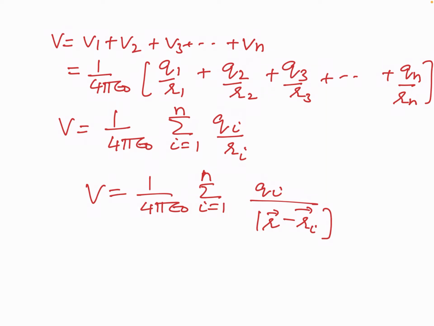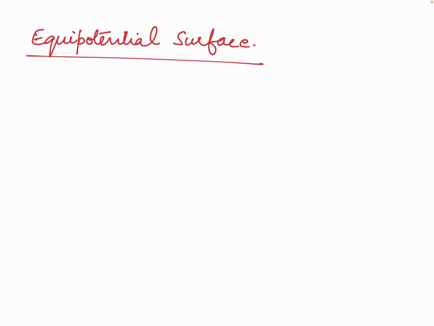Then we will discuss equipotential surface, another important topic. As the name indicates, equipotential means the surface at which the potential is equal, that is, the potential is constant. So an equipotential surface is defined as any surface which has the same electric potential at every point.